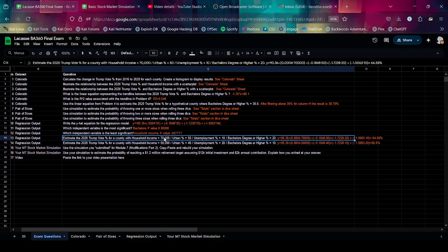That would be like 0.0004 x1 times 7,000, as you can see right here. So there's x1, x2, x3, x4, and that equals 64.58. And then, yeah, you just kind of plug in those variables for the coefficients, and you get the percentage right there.